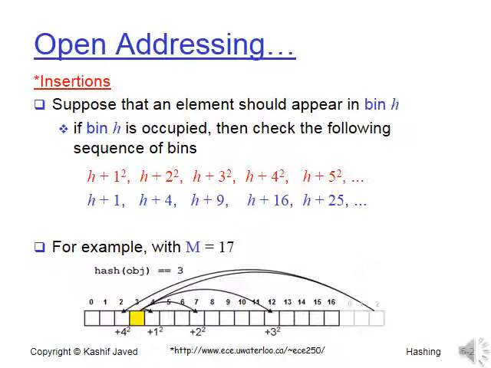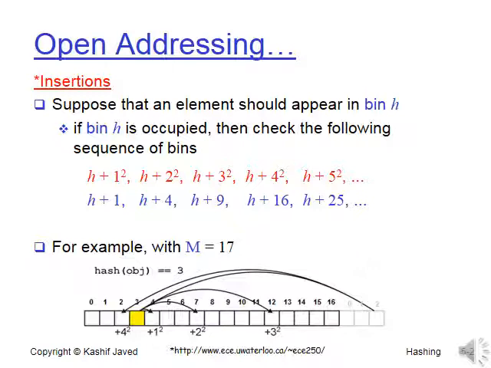What do we do? We do wraparound. Once we reach bin 16, we wrap around to index 0, which marks bin or index 17, then index 1, which marks index 18, and finally index 2, which marks index 19.